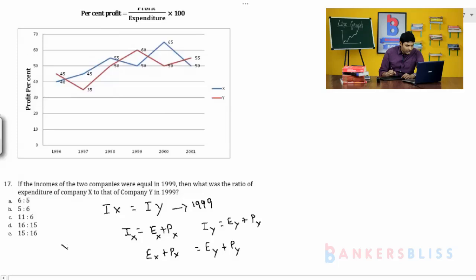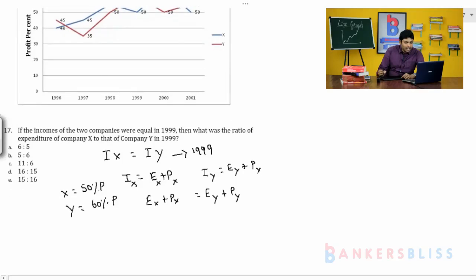So what is the profit they have given in the year 1999? In the year 1999, X has 50% profit and Y has 60% profit. So this profit percentage is always calculated on the expenditure.